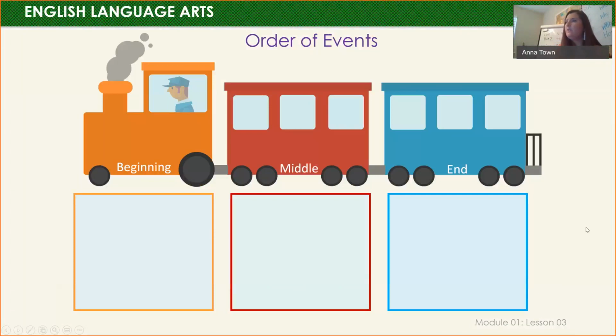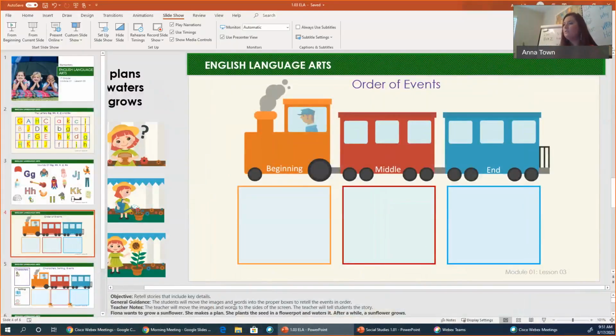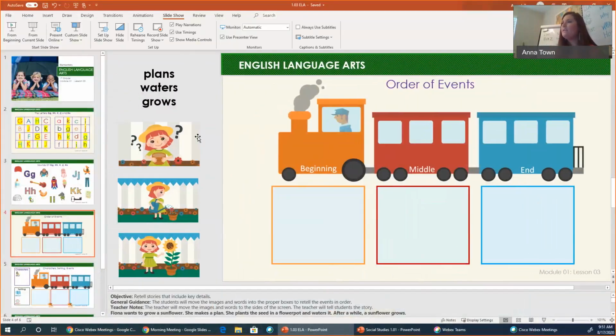Okay, boys and girls, we are now going to do the order of a story. So let's think. What is she doing first? We're going to talk about the beginning, the middle, and the end. This is the order of events, the sequence of a story.